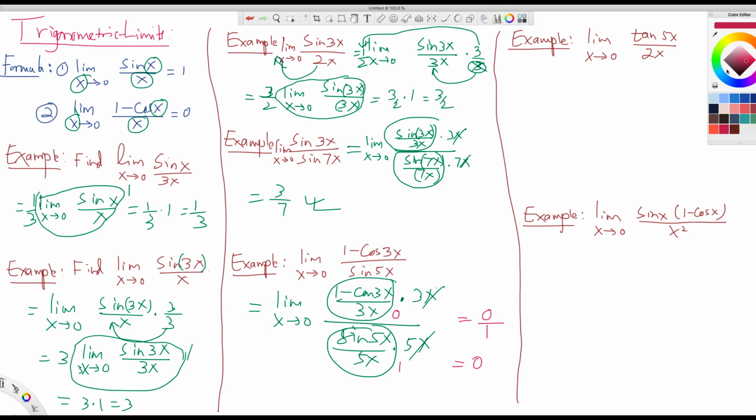You understand? Okay, so next thing I want to do is this example, tangent 5x. Since our formula doesn't have tangent, just sine and cosine, you try to change that tangent into sine and cosine. So what I'm doing is limit x tends to 0, sine 5x over cosine 5x times 2x, right?